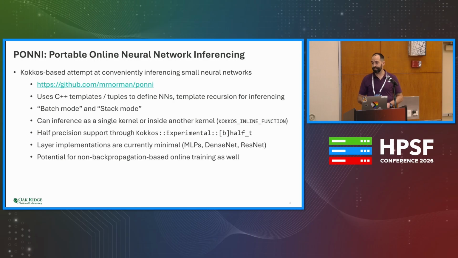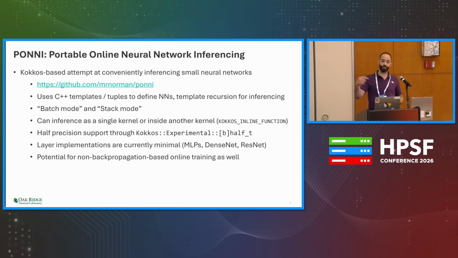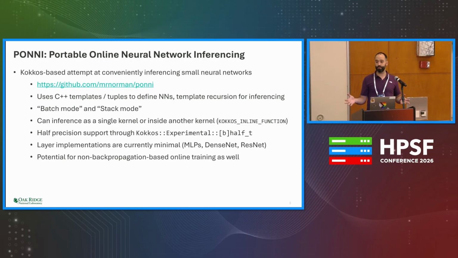You can do it all in a single kernel, or you can actually integrate the neural network inside a kernel with other code, which is really convenient when you have a stencil that you're gathering for the inputs, and you don't want to have to flood all the different stencils into an array, because that would multiply the amount of memory you need by 5 to 10 times.